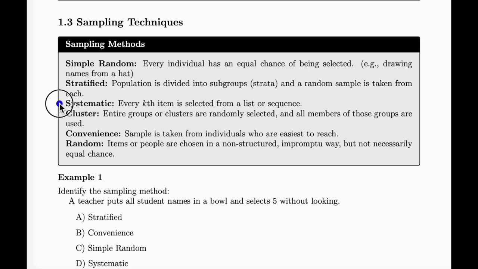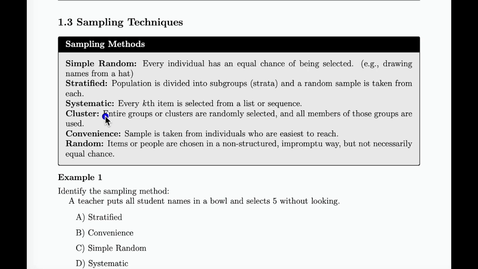Cluster, let's skip systematic for a second so that we can compare stratified and cluster. Cluster is very similar, where you take the entire population and you break it into groups. Then what you want to do is, when you're doing a cluster sampling method, rather than picking some from each group, you're going to pick the entire group.